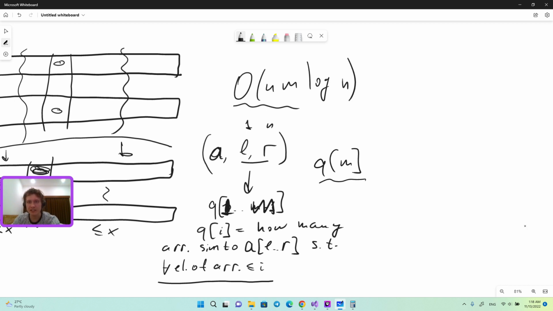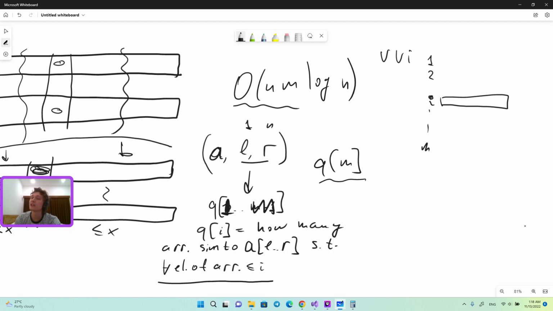First of all, I need an auxiliary array. This is a vector of vectors, and for each number from 1 to n, so it's one indexation, we store all the positions in A in which the number i occurs.